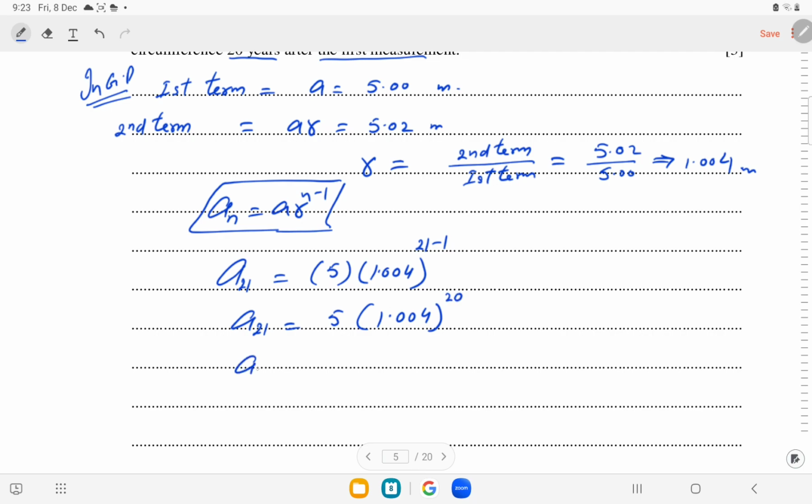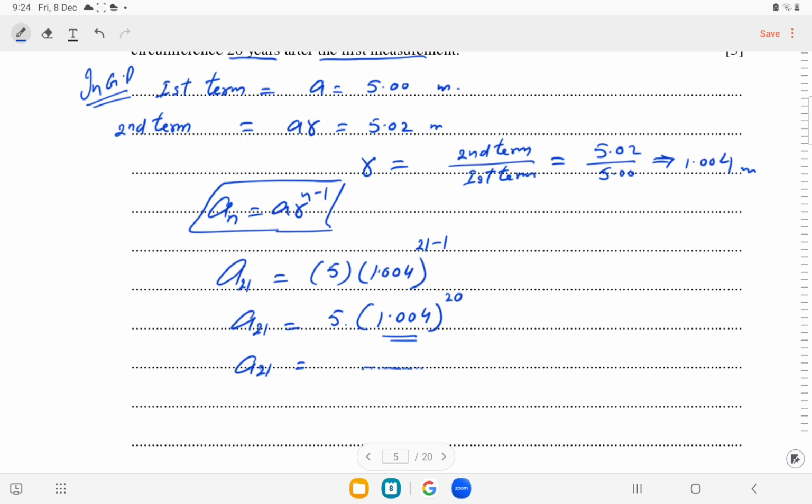Now with the help of a calculator, first get 1.004 power 20 and then multiply this with 5 and we'll get the answer over here. You can use a scientific calculator. Let me get the calculation for you.